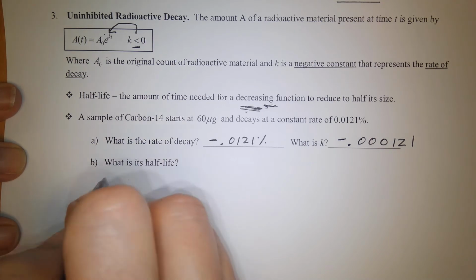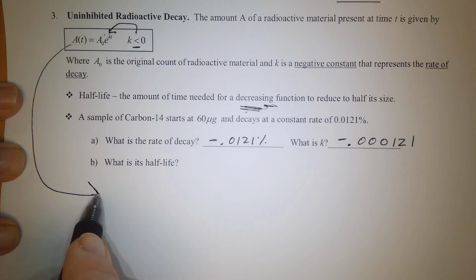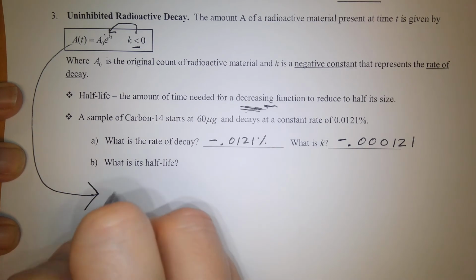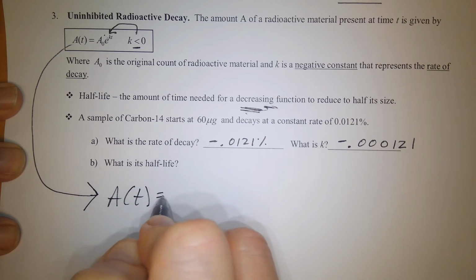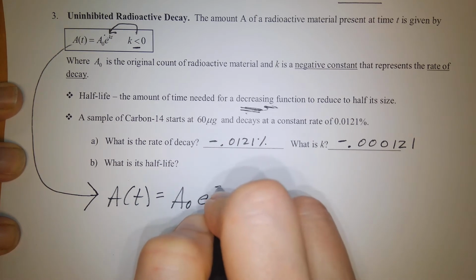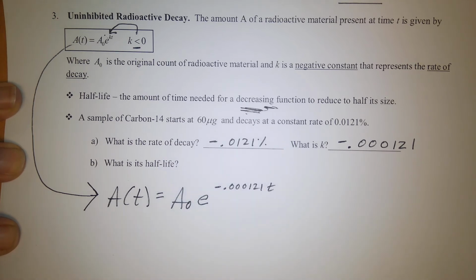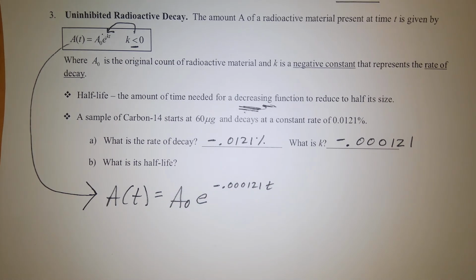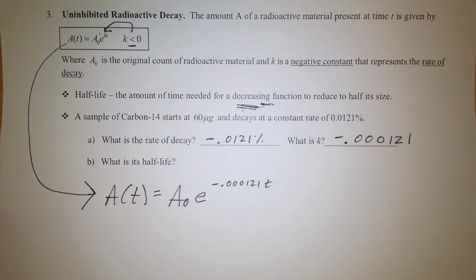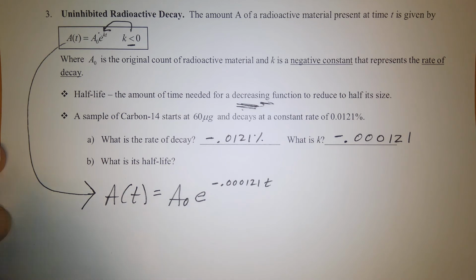So to determine its half-life, we're going to use the original equation where the future amount is equal to the initial amount times e to the k, which we now know, t power. So this is the formula we will use to find its half-life. In other words, what is t in order for this initial amount to be half of its size?